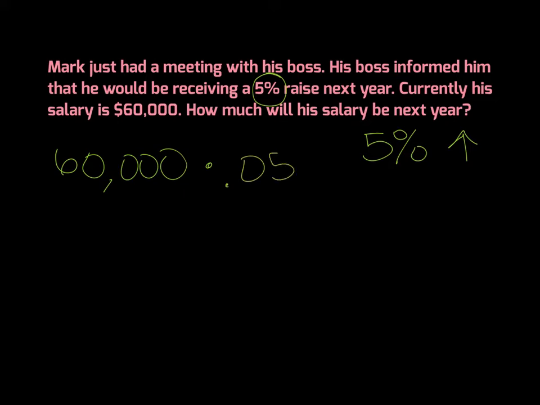To get that, I could move the decimal over 2 spots to the left, or take the 5 and divide it by 100. So when I do 60,000 times 0.05, I end up with $3,000. Now, $3,000 is not my final answer. That $3,000 is just the amount that his raise is going to be.